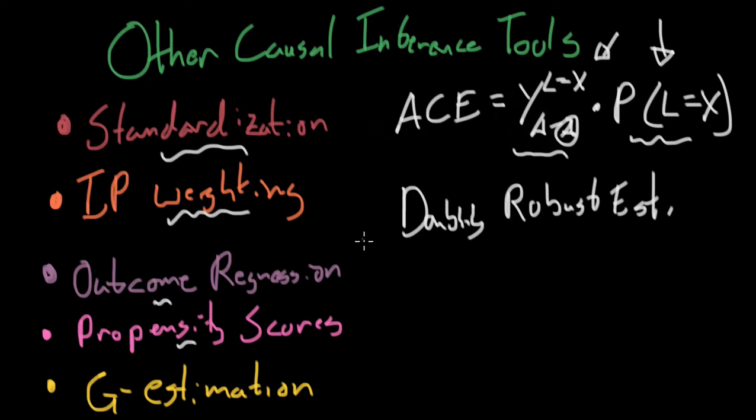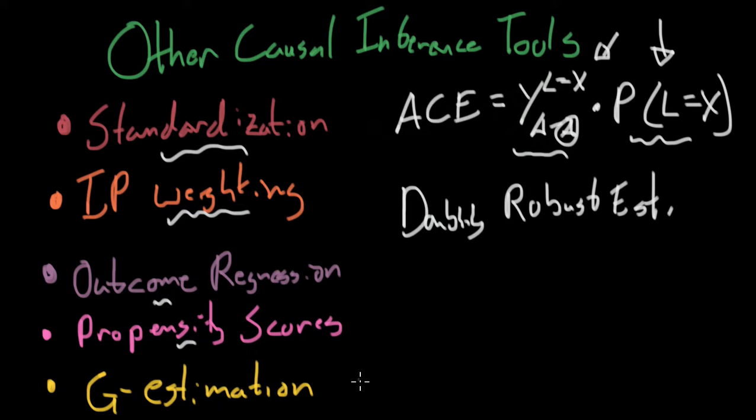So for those reasons, I've decided not to cover them in my causal inference course. The main reason basically is, hey, lots of people have done stuff on outcome regression and propensity scores. I can link some of their work down below. There's some stuff on YouTube, as well as, of course, a ton of stuff in written format.